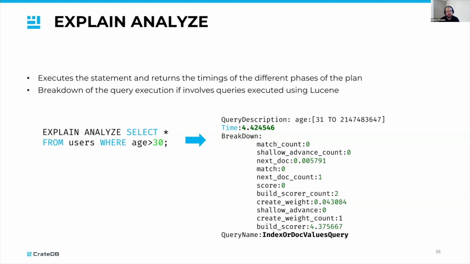Unlike EXPLAIN, which returns the logical plan only, EXPLAIN ANALYZE will actually execute the query normally as it would, but instead of returning results, it will return detailed information about the execution.